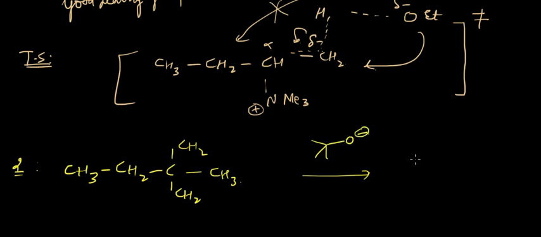Okay, so what happens in this case is, if you look at the Hoffman and the Saytzeff product, in the Hoffman product we get something like this, and in the Saytzeff we get something like this. Okay, so this is the Hoffman product and this is the Saytzeff.